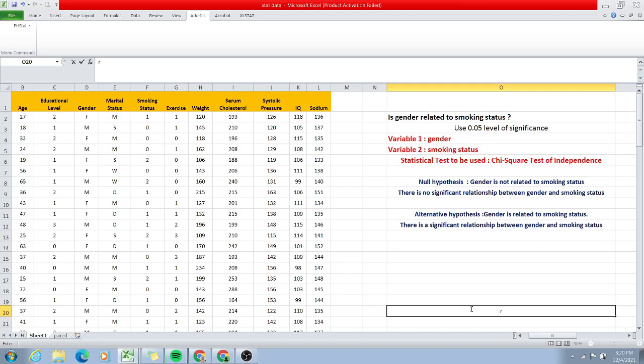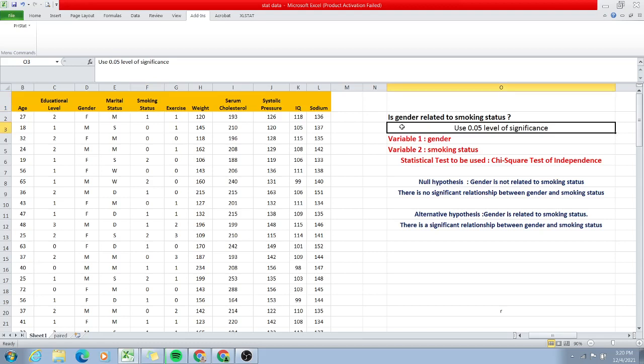Now let's consider the question, is gender related to smoking status? Using our data under the gender column and the data for the smoking status, the two variables are gender and smoking status.